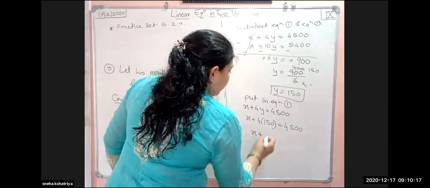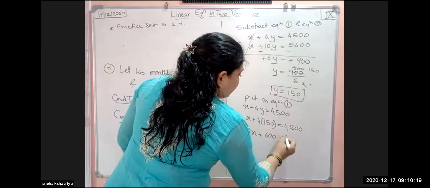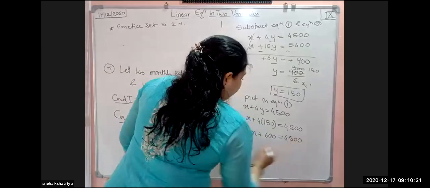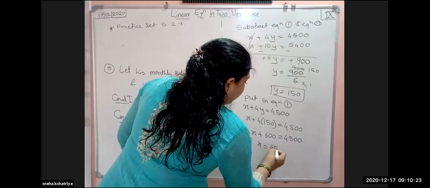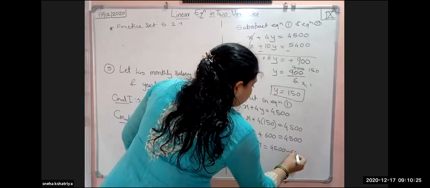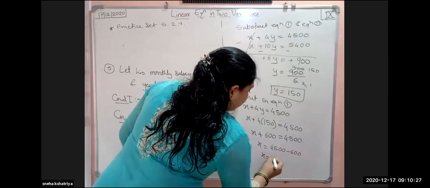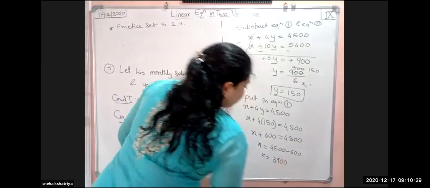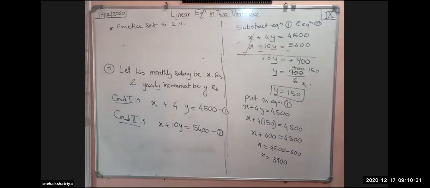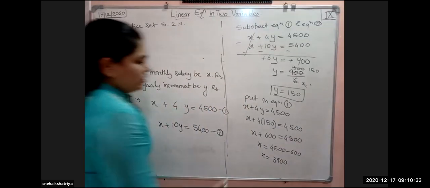So x plus 600 is equal to 4500. x is equal to 4500 minus 600. So x is equal to how much? 3900. The x value is 3900.